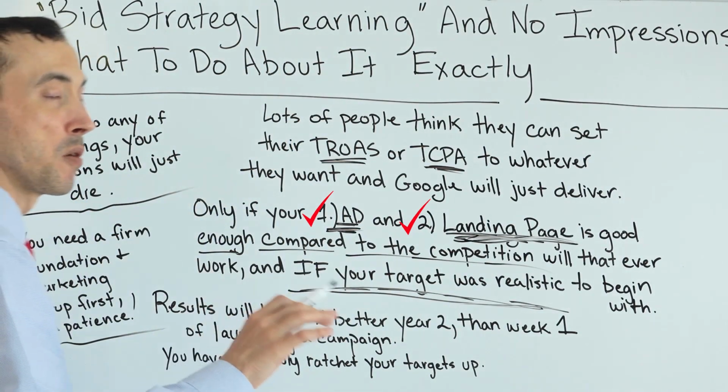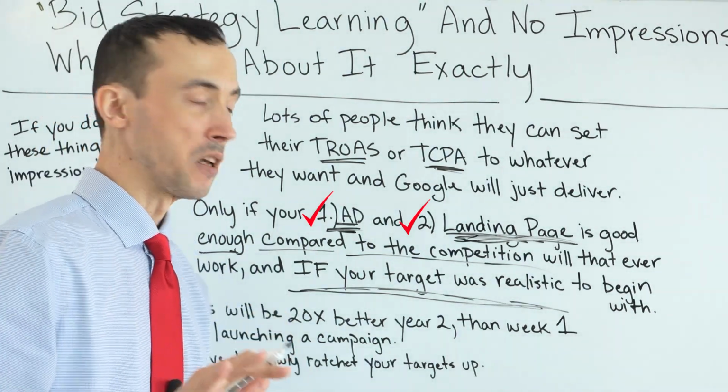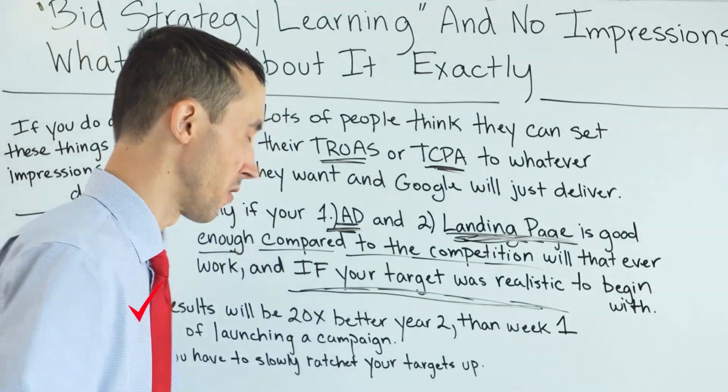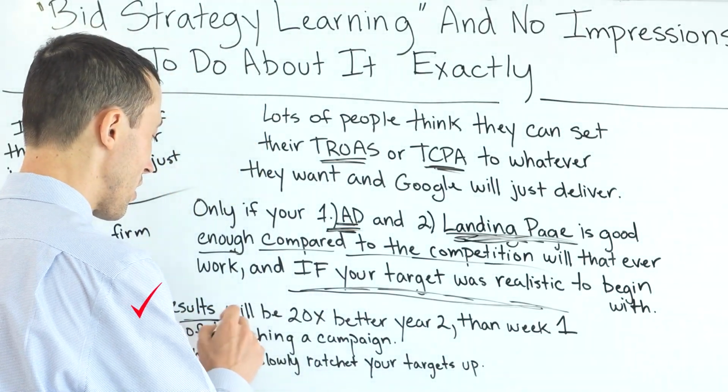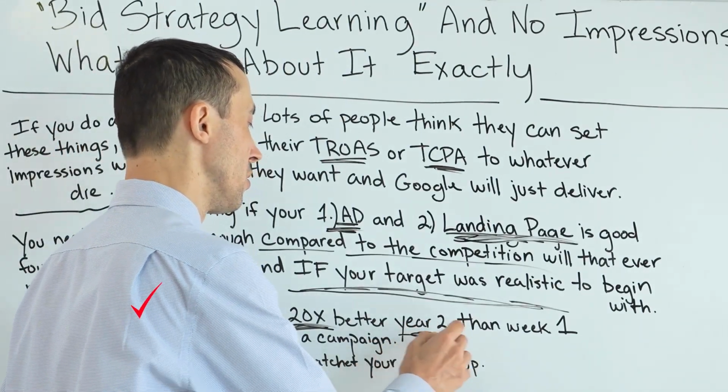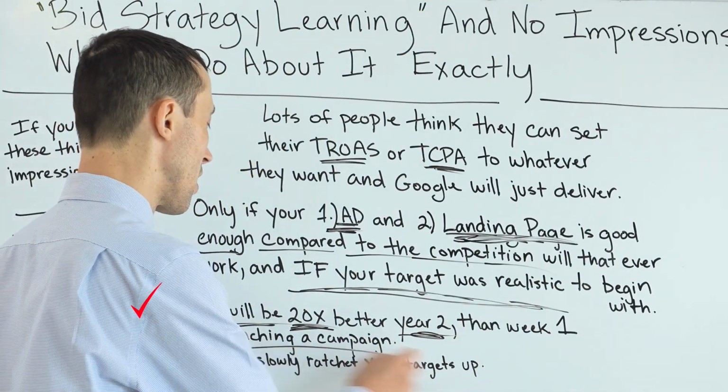To put things into a little bit better perspective for you, so you go into this with your eyes completely open, okay? Your results on your ads will be 20 times better in year 2 than they're going to be the first week of launching your campaign.